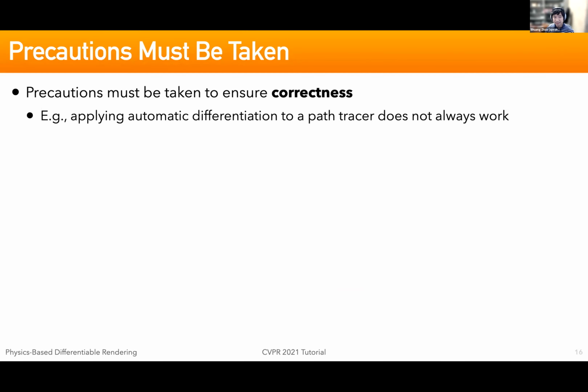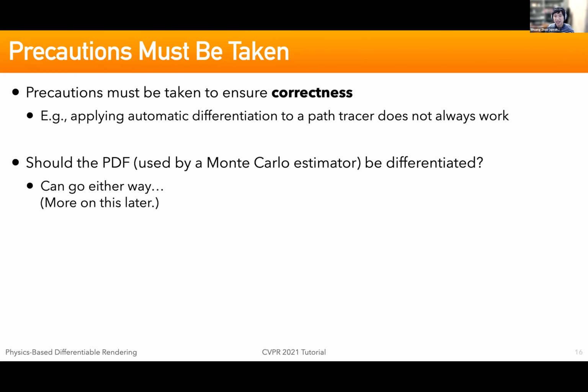So why might it not work? There are a number of details that have to be handled correctly for getting correct gradients. One example is that in a path tracer, as I mentioned, most forward renderers use Monte Carlo, which basically means it has some random process.